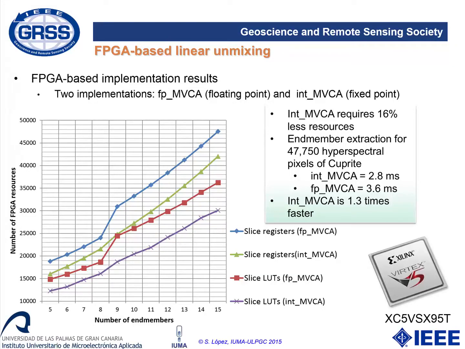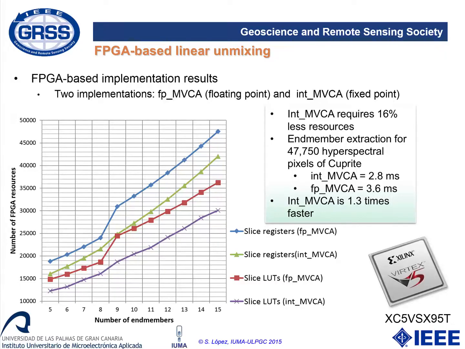And as you can see here, we are plotting the number of FPGA resources against the number of members. In terms of the register use and the lookup table use within the CLBs, of course, what we get is a significant advantage if we go for the fixed point solution, in the sense that we are requiring fewer resources and we are getting the same results.